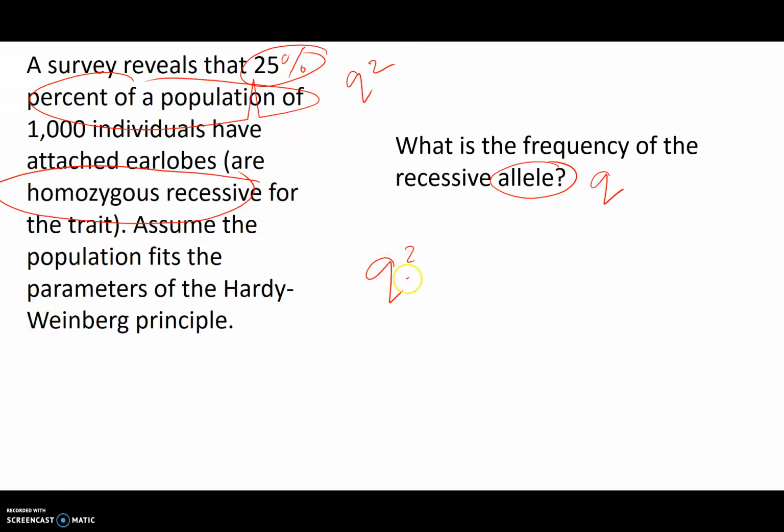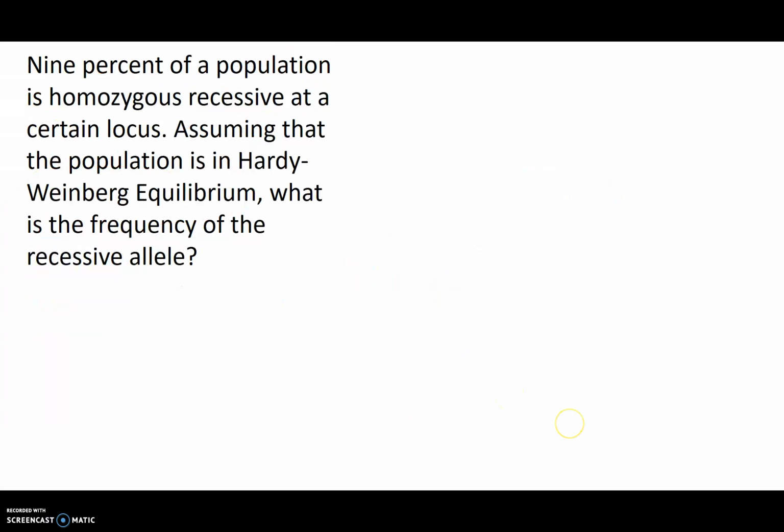So Q squared is equal to 0.25. When I take the square root of that, I find that Q is equal to 0.5 and P is equal to 0.5. All right, but really they're just asking for Q.